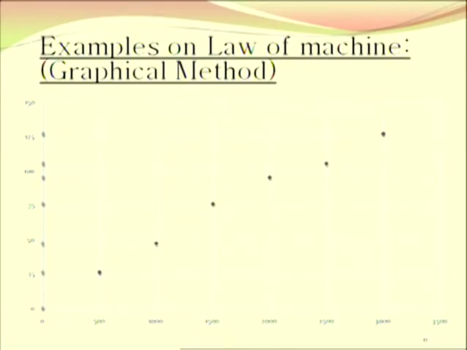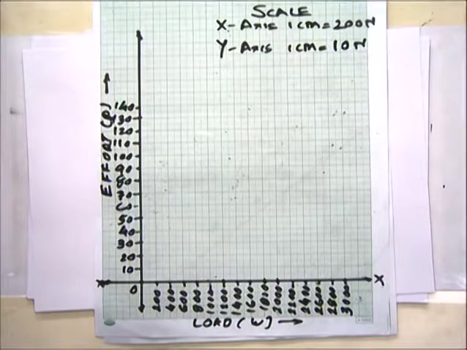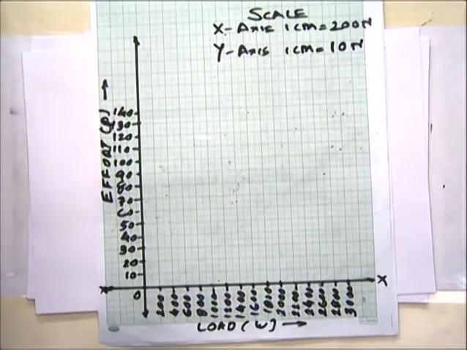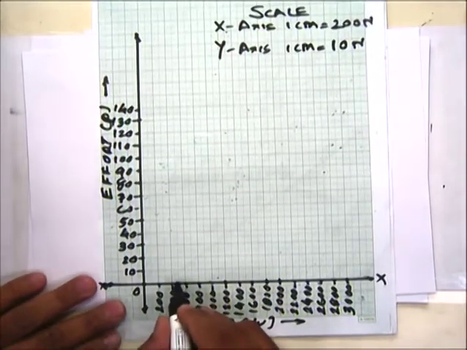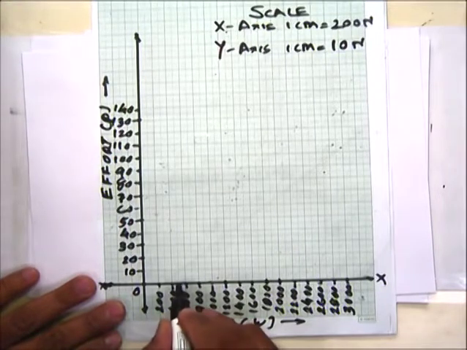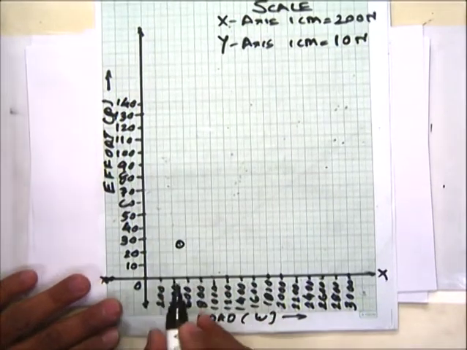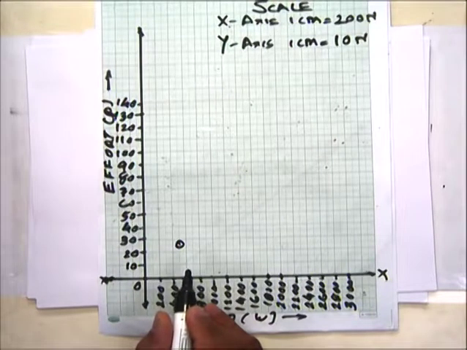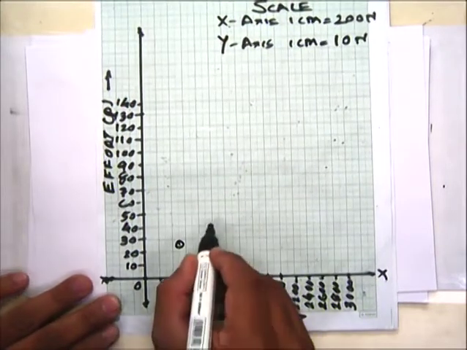Now looking at the graphical scale, the data provided is 500 Newton, that is W. On this graph 500 is located here and P is 26, so it comes around this point. The second data is a 1000 Newton load and 47 effort, so here it is 1000 and 47.